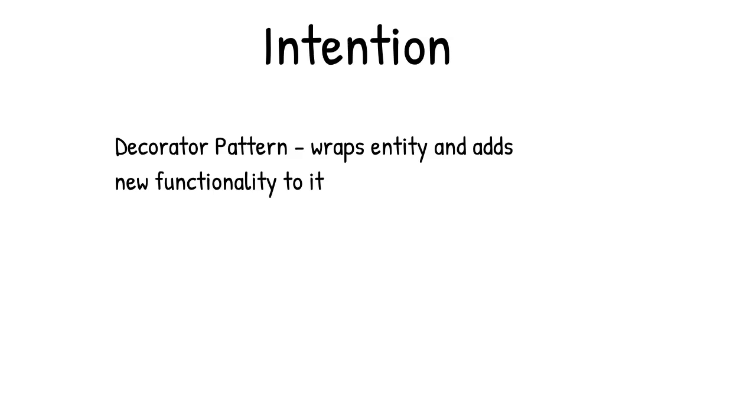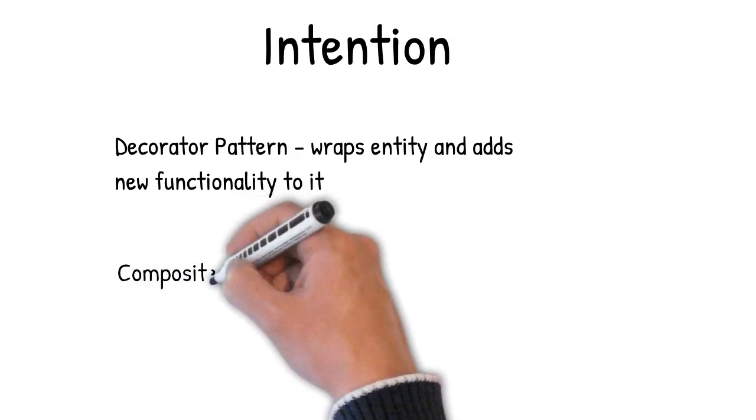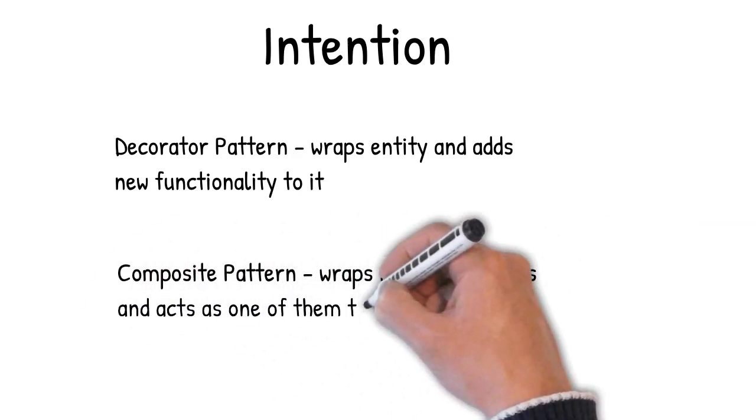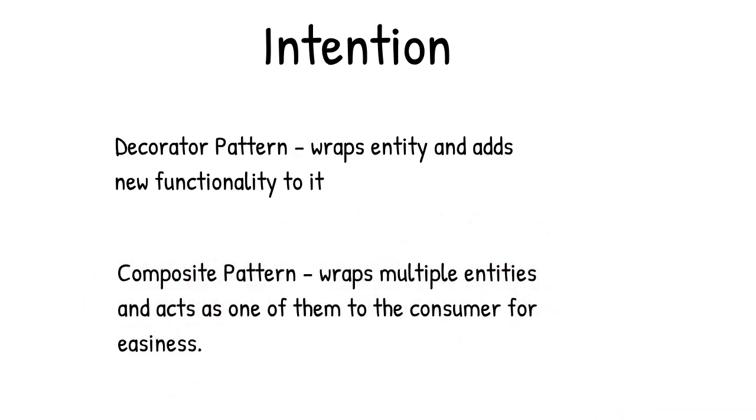Whereas in composite pattern, the intention is to form a wrapper over multiple entities and to make that wrapper act as one of the entity itself so that consumer doesn't need to bother about which is an entity and which is a container.